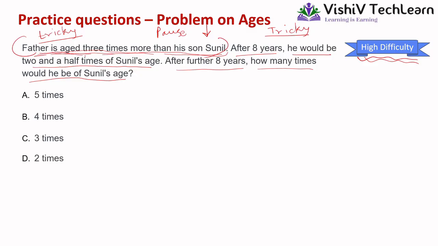Now what is the condition? Father is aged 3 times more than his son Sunil. Let's say Sunil has age x. Now what will be the father's age? It is said that it is 3 times more than his son Sunil.